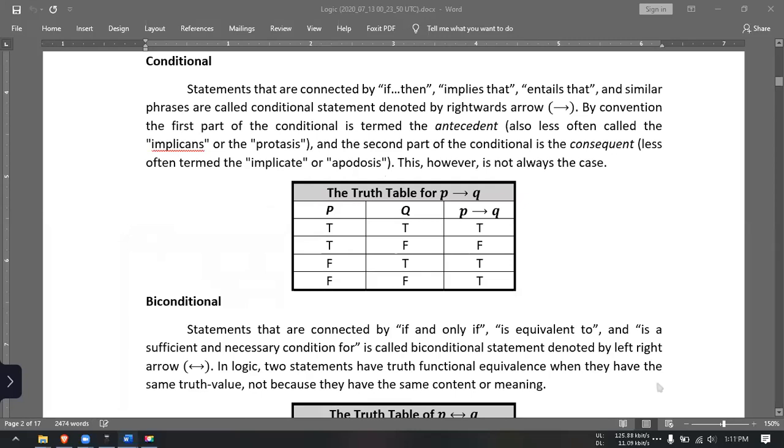So recalling our truth value of the conditional statement, we have statements P and Q, or the antecedent and the consequent. The first part is the antecedent and the second part is the consequent.